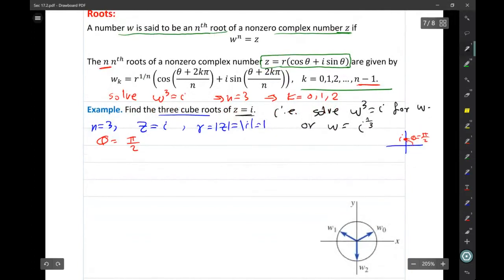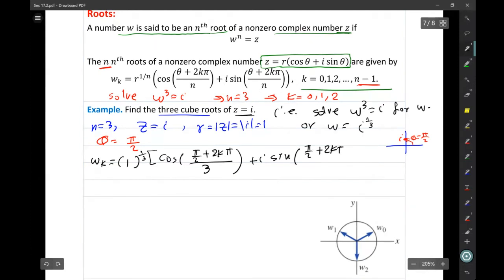Now I need to solve this equation. w_k, according to the formula for finding the kth root, is equal to r, which is 1, to the power 1 by 3, times cosine of (pi over 2, which is theta, plus 2k pi) divided by 3, plus i times sine of (pi over 2 plus 2k pi) divided by 3.